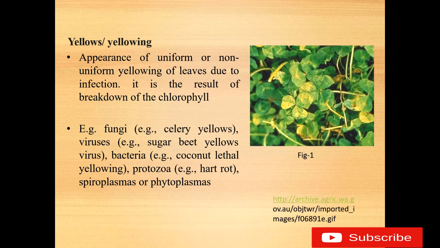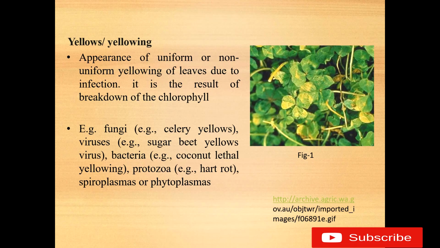So what do you mean by yellowing? Yellowing, as the name indicates, is the appearance of uniform or non-uniform yellowing of leaves. You can see on the plant in the picture that yellow spots are there. How does it become yellow? We know that the green color is due to the presence of chlorophyll.